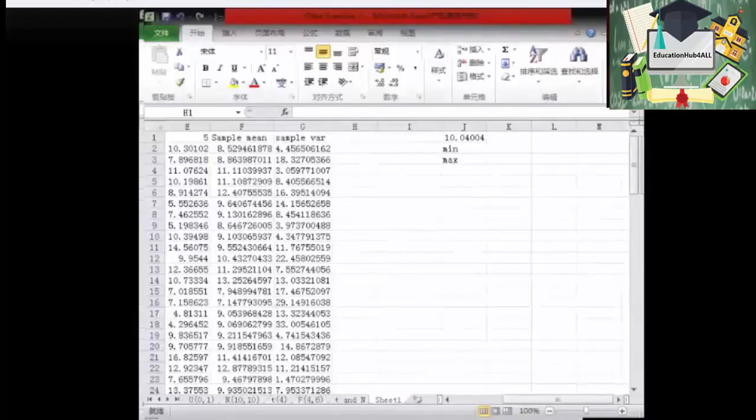Through simulation we see the distribution of the sample mean, the relationship between the distribution of a sample mean and the population distribution. And now we see the sample variance. Sample variance multiplied by n minus 1, divided by the variance, is a chi-square distribution. That's what we are going to do now.